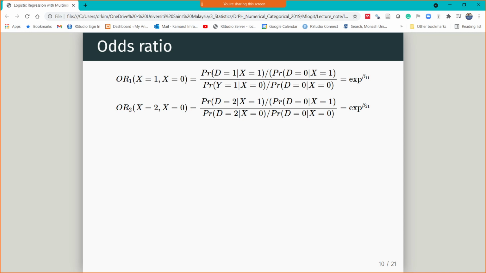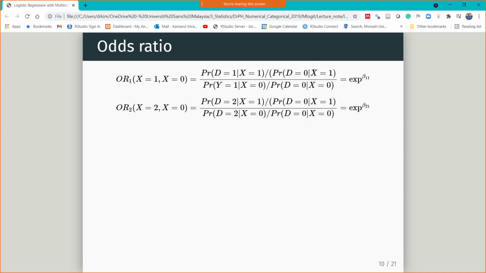So you have the probability of disease equals 1 given x equals 1, divided by the probability of disease equals 0 given x equals 1, divided by the probability of, sorry, this should be d, disease equals 1 given x equals 0, and the probability d equals 0, x equals 0.